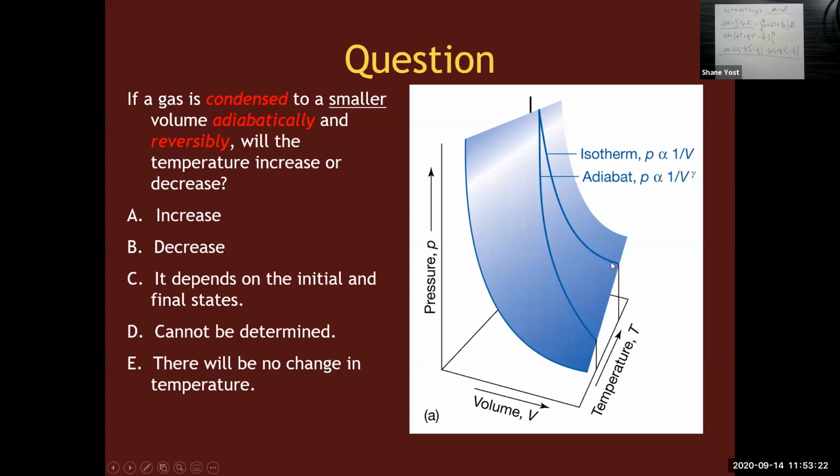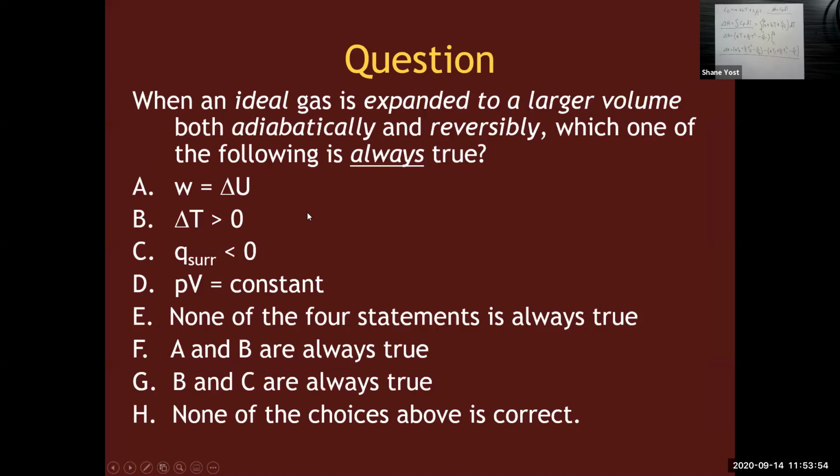For the isothermal compression, the temperature stays constant, but for an adiabatic compression, to get to this point, we have to increase our temperature as we're compressing. As you go to smaller volumes, to the left in volume, the temperature has to increase as well. So again, A here, increase.